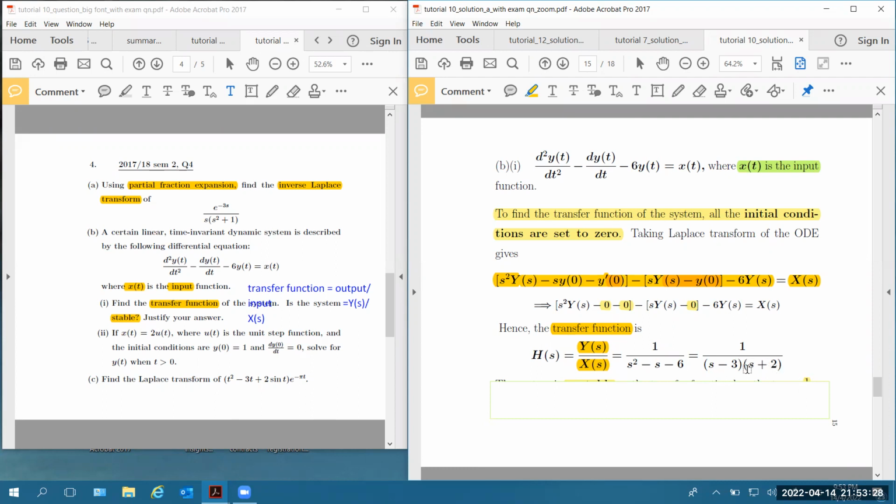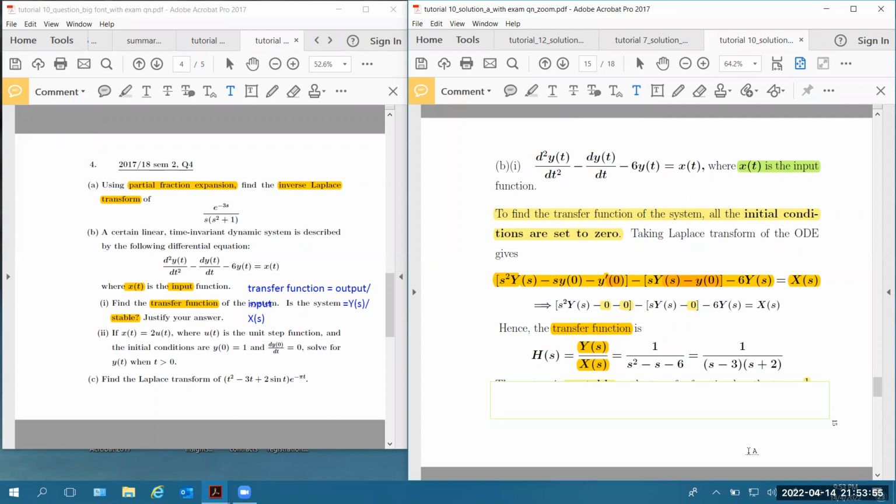So the inverse Laplace transform will depend on the form of this transfer function also. Because we can factorize into s minus 3, s plus 2, when we do the inverse Laplace transform, we always go and do partial fractions.